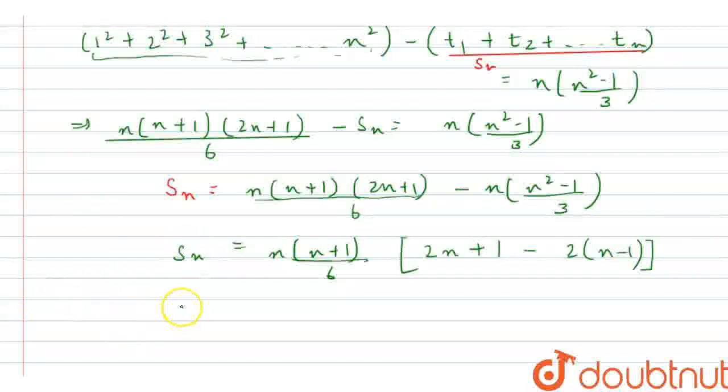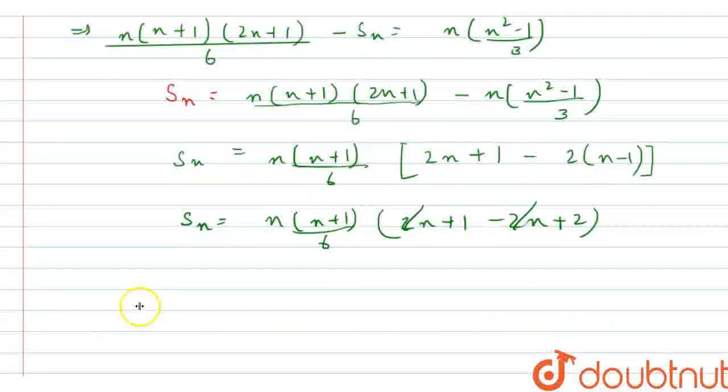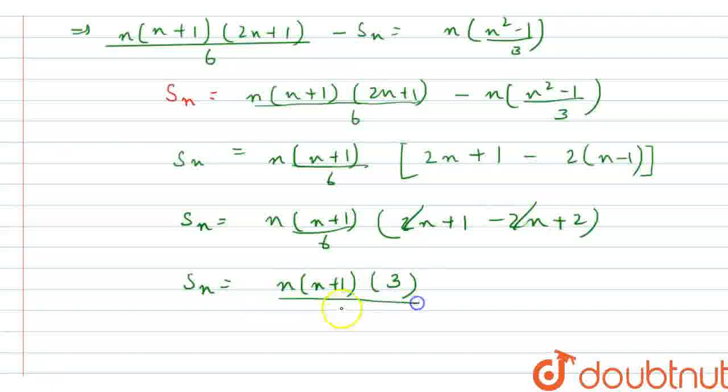Let's solve it further. So Sn is equal to n into n plus 1 upon 6, into 2n plus 1 minus 2n plus 2. So 2n cancels with 2n, and we are left with Sn is equal to n into n plus 1 into 3, 1 plus 2 is 3, upon 6.